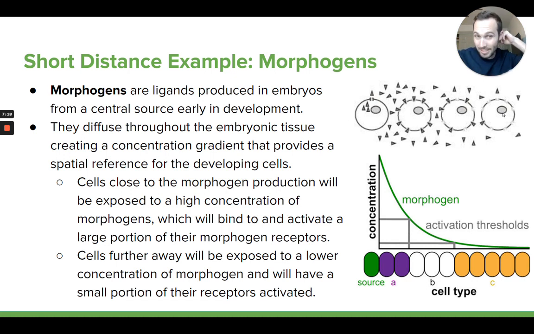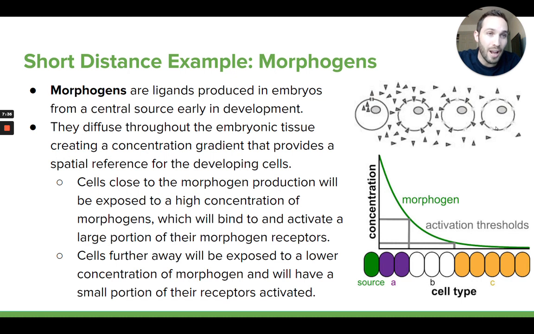What's going to happen is a concentration gradient is produced. If this cell is producing morphogens, whoever is closest to that cell is going to be exposed to a very high concentration of morphogens. The cells further away are going to be exposed to a lower concentration of morphogens.